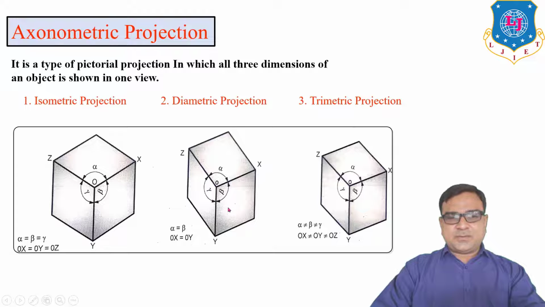This type of projection is known as diametric projection. And in trimetric projections, all the angles alpha, beta, and gamma are different, and all lengths OX, OY, and OZ are also different. So we concentrate on isometric projections in this chapter.